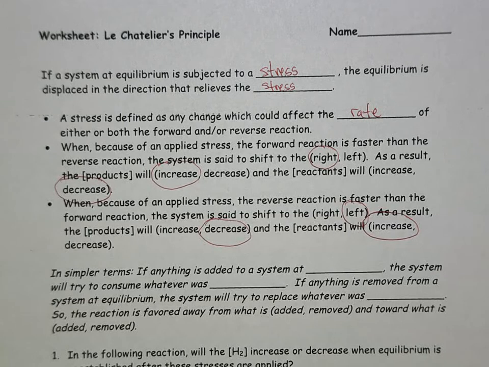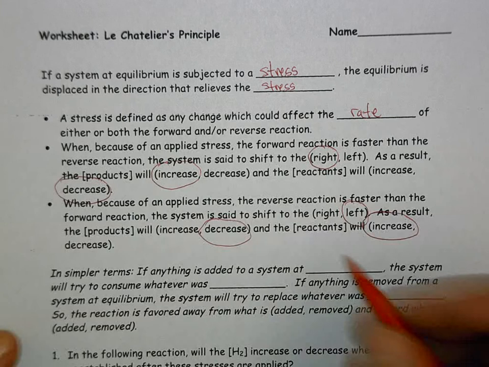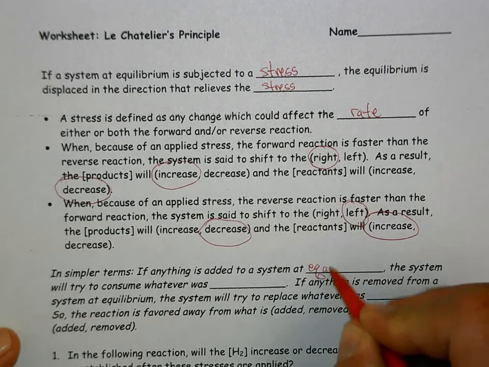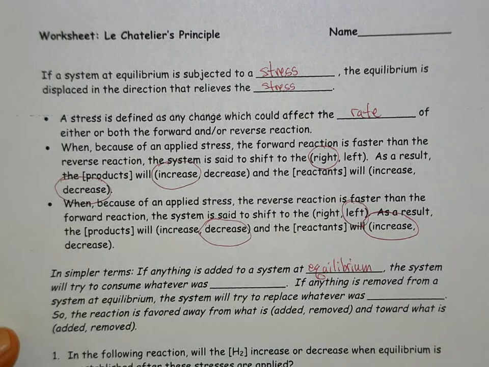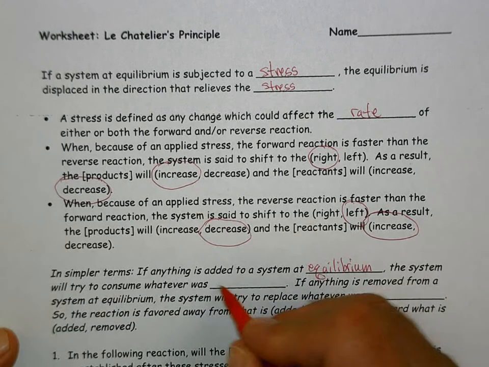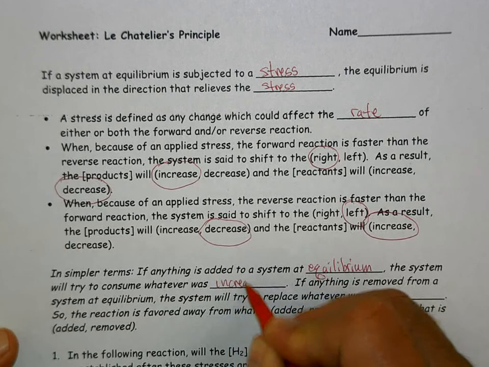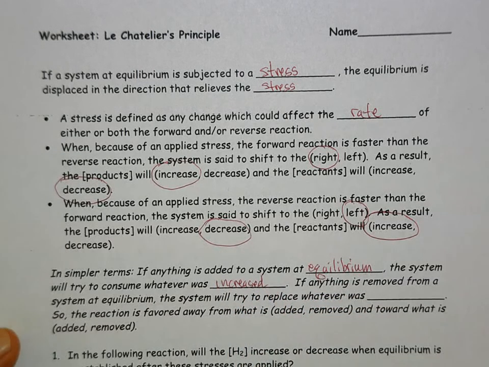In simpler terms, if anything is added to a system at equilibrium, the system will try to consume whatever was increased. If anything is removed from a system at equilibrium, the system will try to replace whatever was removed.